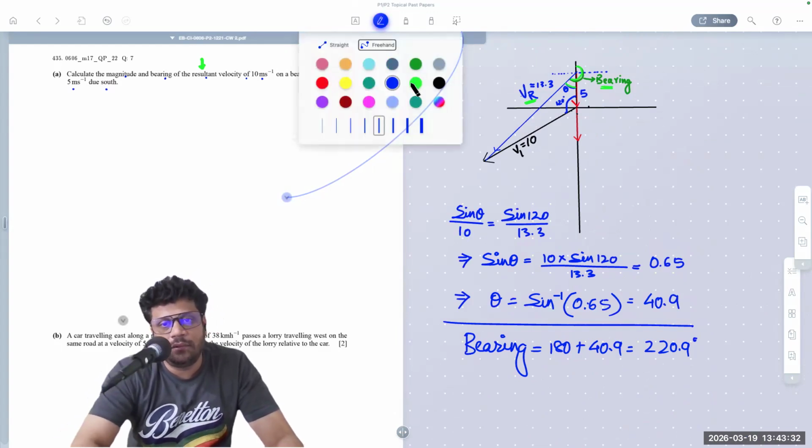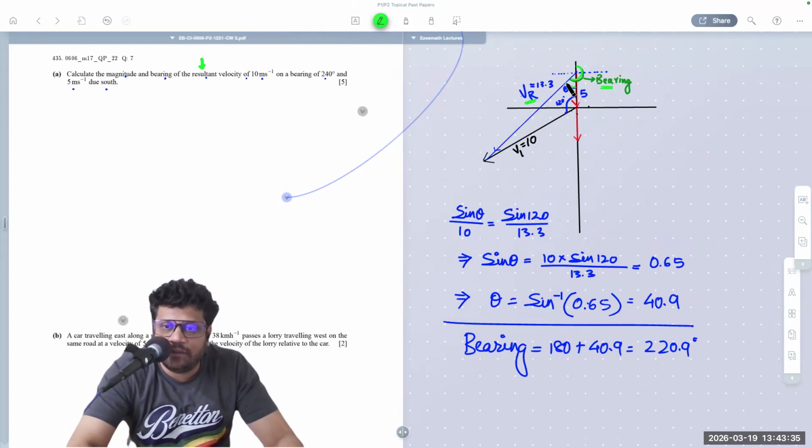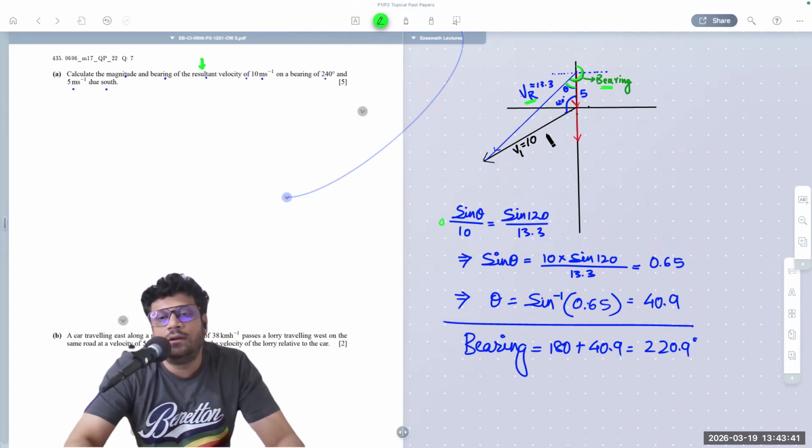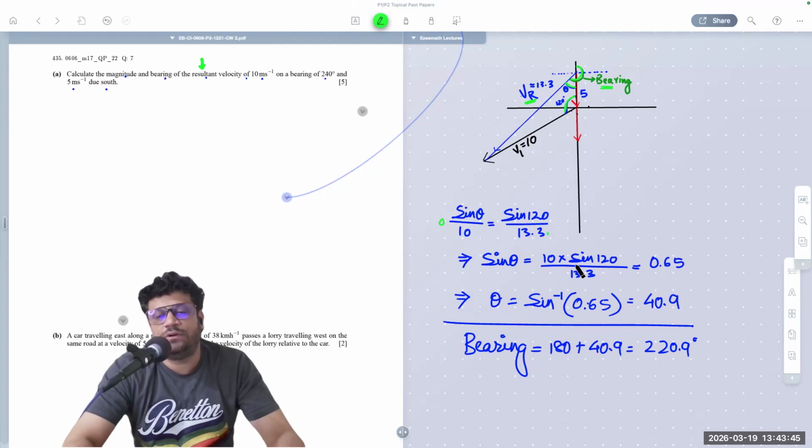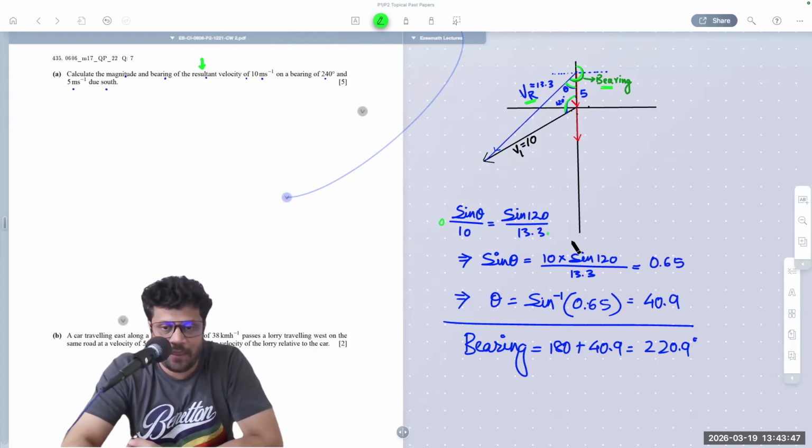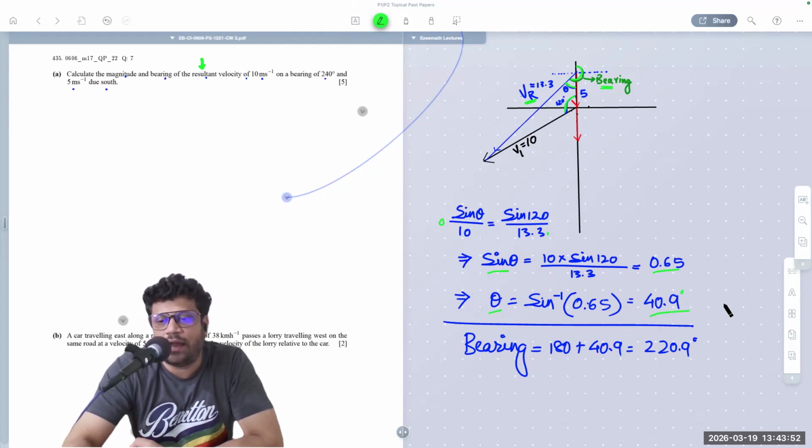Sine theta by 5, sine of theta divided by the side opposite to it, equals sine of 120 divided by the side opposite to it. That's VR for you, 13.3. Sine of theta, 0.65. Theta is 40.9 degrees.